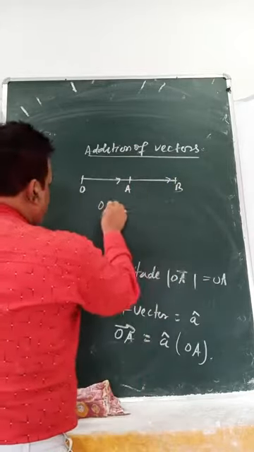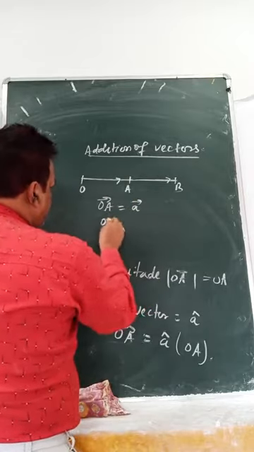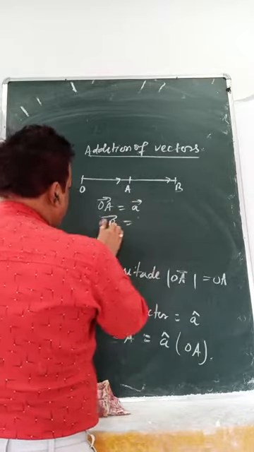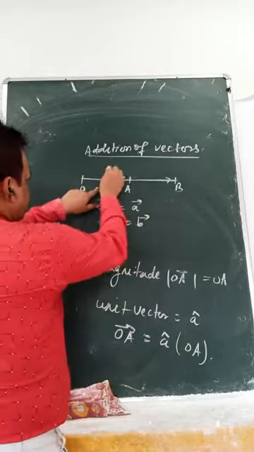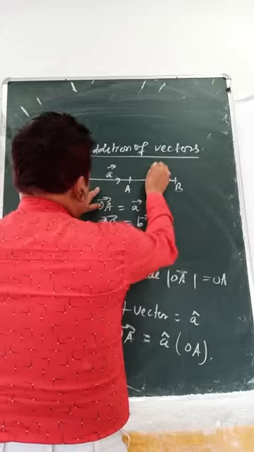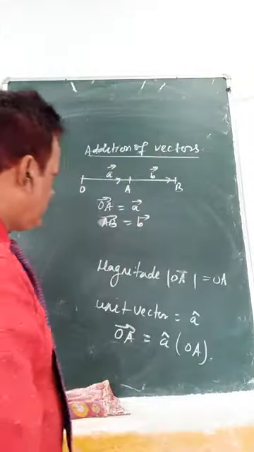Suppose OA equals A vector, AB equals B vector.